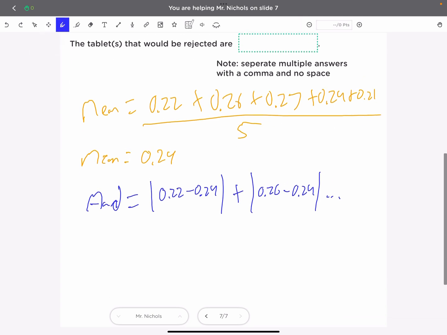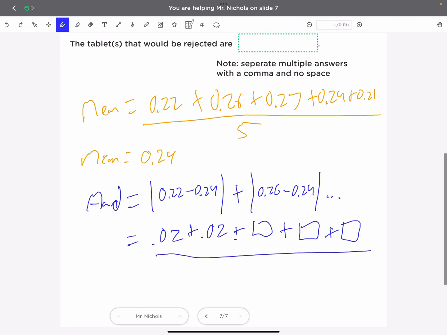The first one should be 0.02, plus 0.02 plus, and then there should be 3 more values that you calculate, and I'll show those by these boxes. You'll get all 5 of those values and divide by 5.